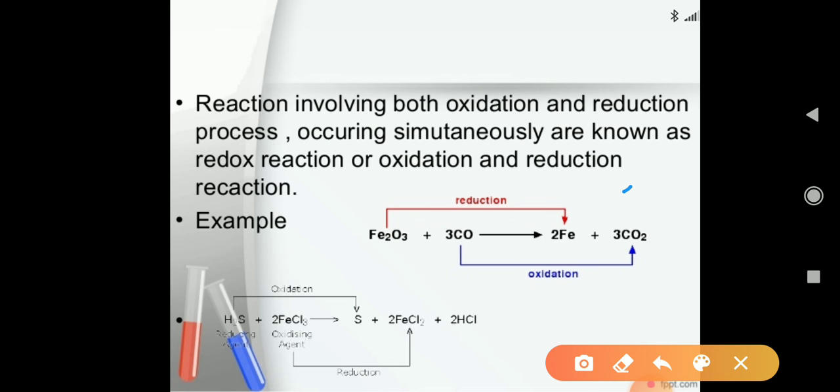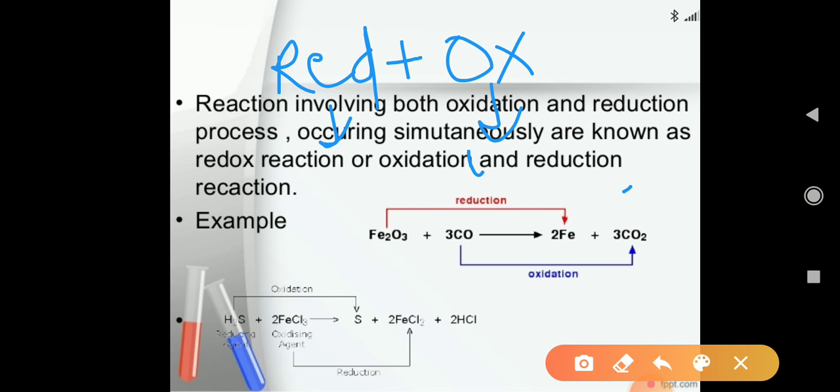The word redox, if we divide it as red plus ox, this red indicates reduction and this ox indicates oxidation. Okay, so reduction and oxidation. So when both reactions take place in the same reaction, then it is called a redox reaction.